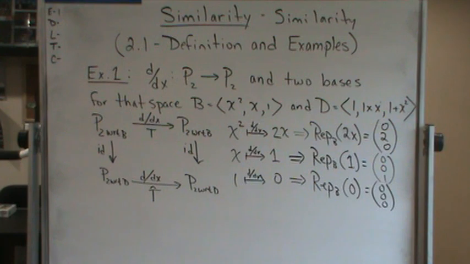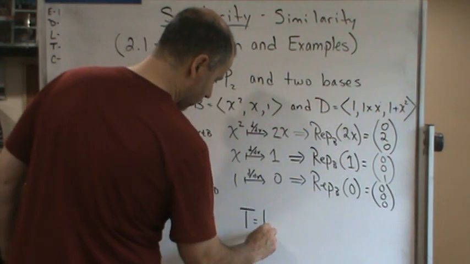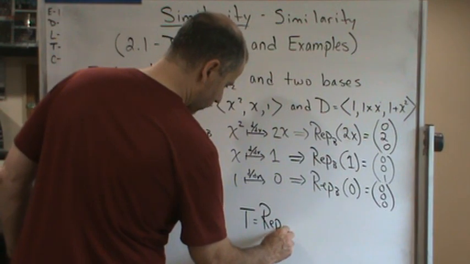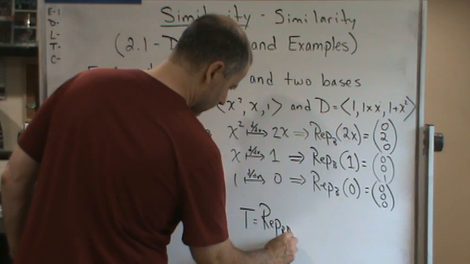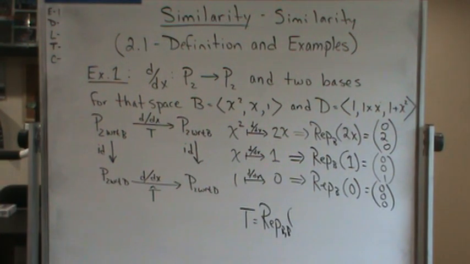And so it gives us the representation of the map. So again, T is equal to the representation with respect to B and B of the function.